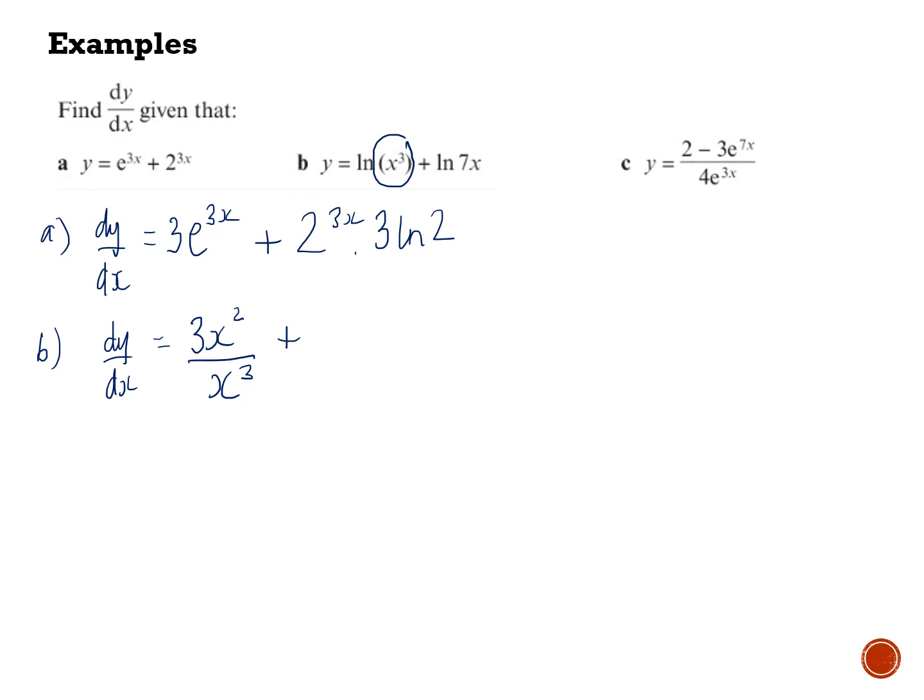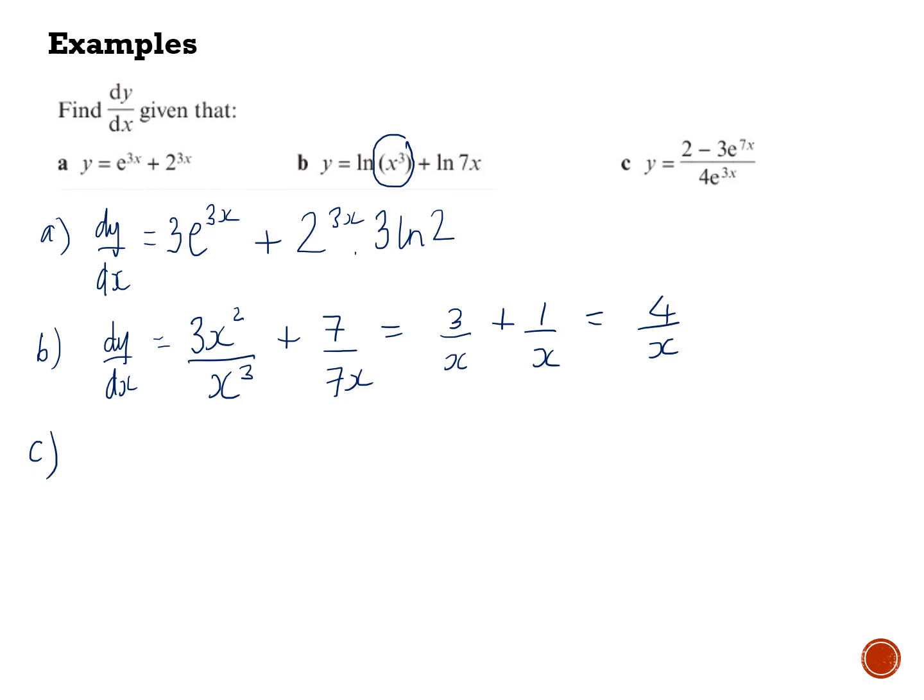Again, differentiate 7x, you get 7 and put the 7x on the bottom. These will simplify and you are expected to simplify them, so make sure you do. X's cancel and you end up with 3 over x. Okay, 7's cancel, you get 1 over x. And actually, how nice is that? Those can collect together to give you 4 over x, so you would be expected to do that.